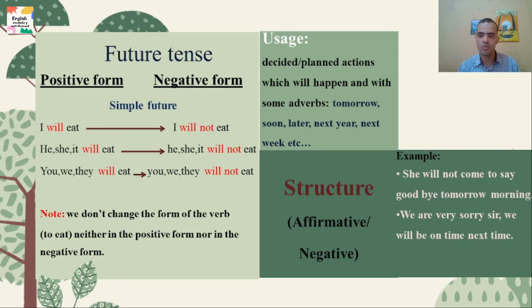We will be on time next time. So they are promising that they will not repeat this mistake again. They're promising that they will be on time. Something will happen in the future. I hope it's clear for you through these examples.